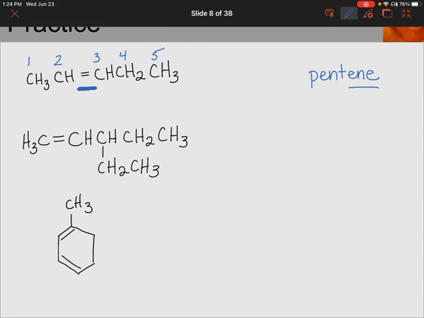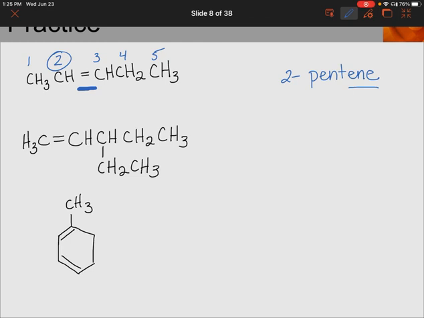And the double bond, it looks like, is between carbons 2 and 3. So we're going to pick the lower number, carbon 2. It starts at carbon 2. Okay. Now, are there any groups attached that we need to account for? Nope. It's just a single chain, so we're good. It's 2-pentene.